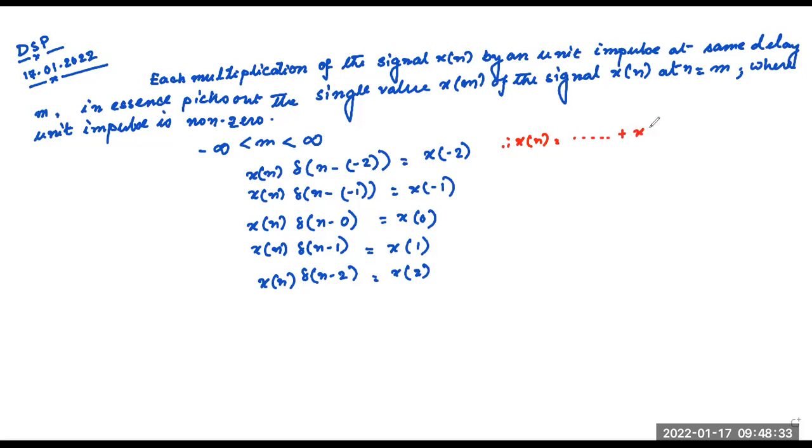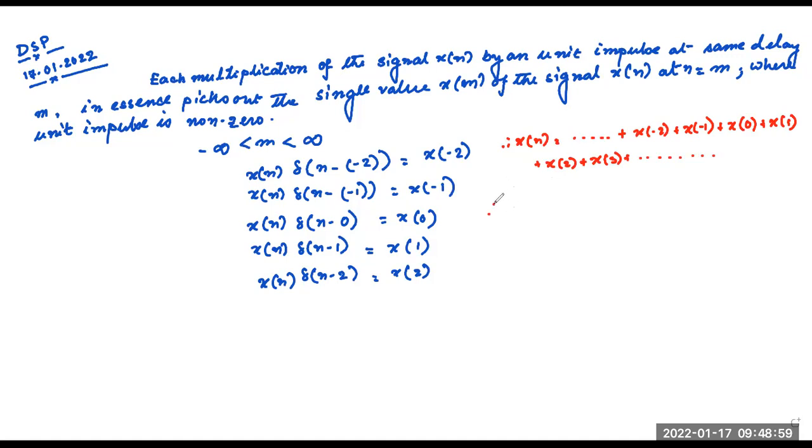Then we can write x[-2], plus x[-1], plus x[0], plus x[1], plus x[2], plus x[3]. Like this again, I don't know, because it is going from minus infinity to plus infinity.